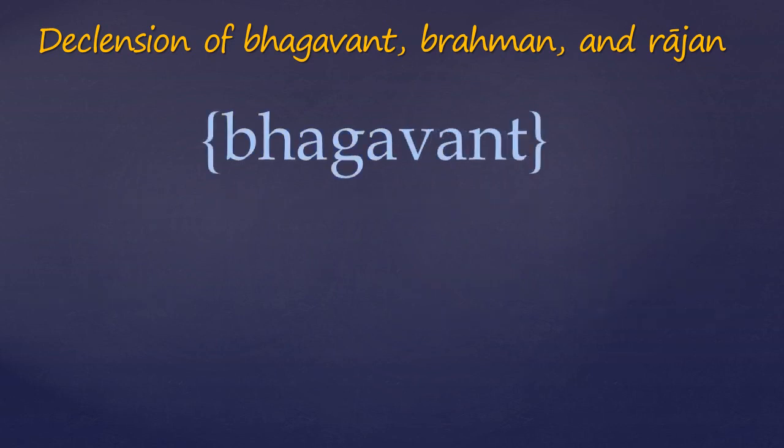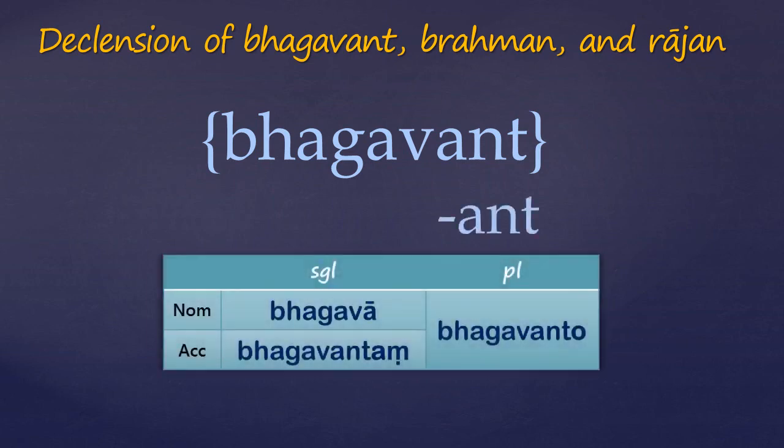Bhagavant belongs to a group of nouns which all end in -ant. Warder here drip feeds us the cases, so we only have the nominative and the accusative cases. But we can see in the accusative singular it takes the -ang ending, like we've seen with the a-stem nouns, but the singular nominative and the plural are actually the other way round to the masculine a-stem.